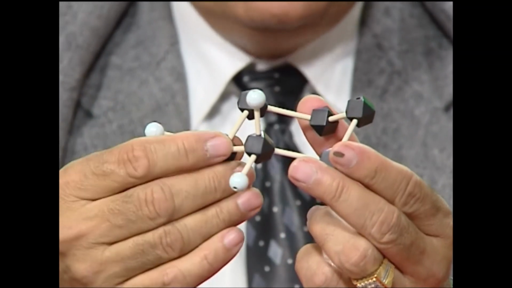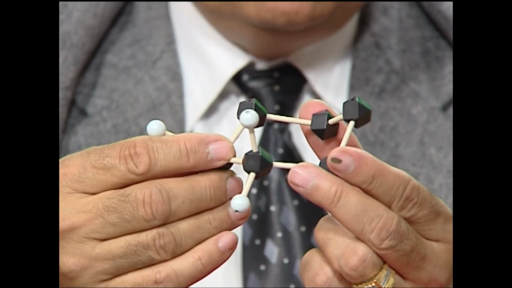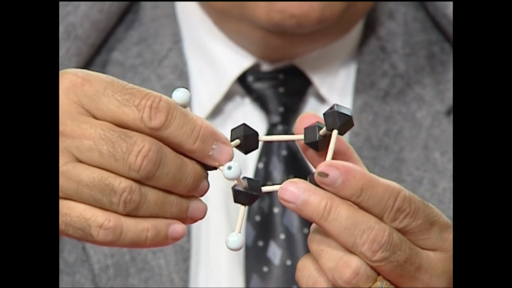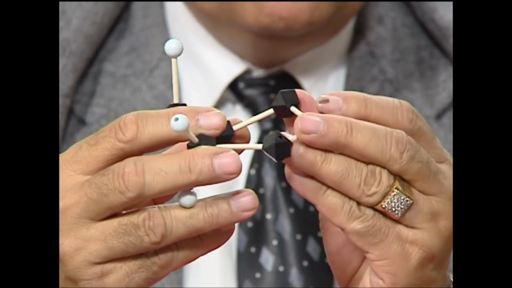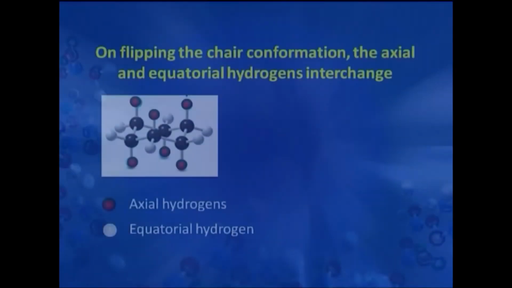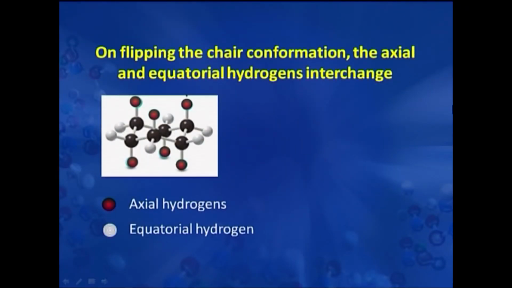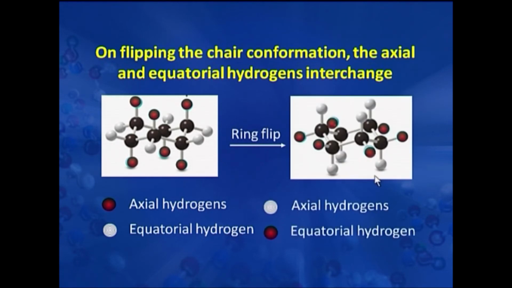Now, if we have one cyclohexane ring, it can flip onto another cyclohexane ring like this. This is one cyclohexane ring, this carbon is moving upward and this carbon moves downward. So, we get another puckered ring structure, in which all the hydrogens which were earlier axial now become equatorial, and those which were equatorial have become axial.